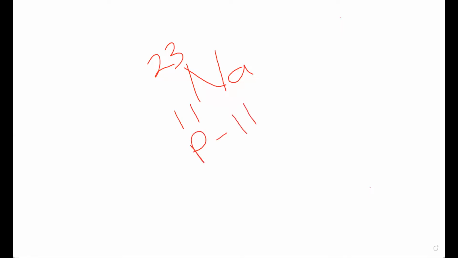In a neutral atom, the number of protons and the number of electrons are equal. So the number of electrons is also 11. The number of neutrons is the mass number minus the atomic number.